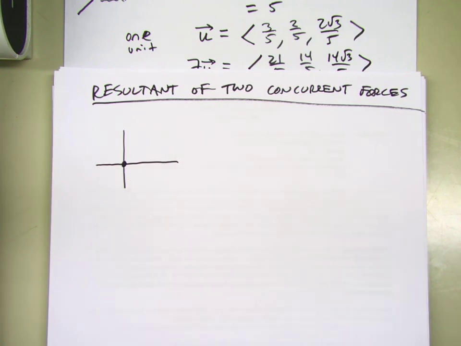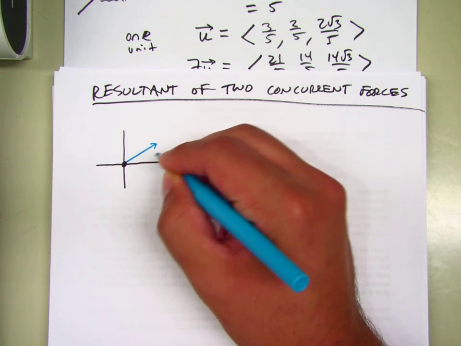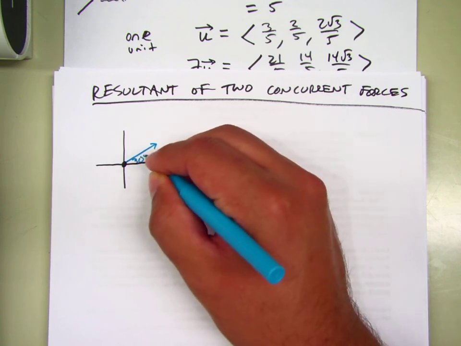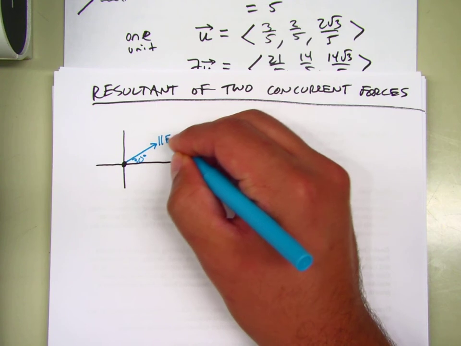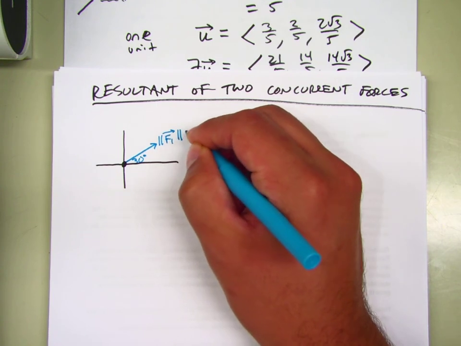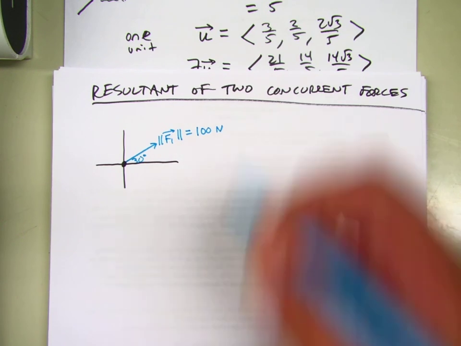Okay, but let's say that we have one force acting at a 30-degree angle. Let's call it F1. Let's say that the length of that vector, that force, is 100 newtons. Okay?